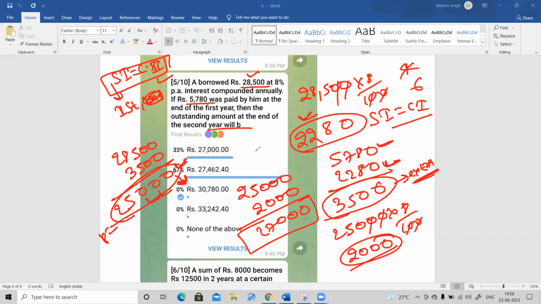So 27,000 rupees you have to pay at the end of the second year. And this answer is wrong actually. And those who have given this answer, their answer is correct. You have to count it in the result.